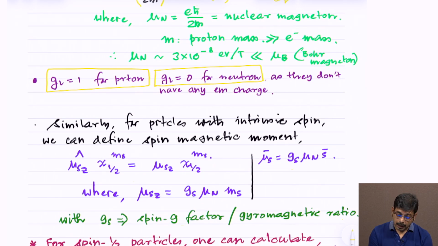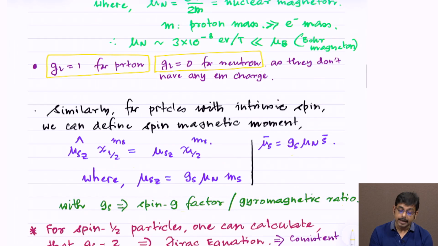Similarly, you can also define the magnetic moment associated with the spin or intrinsic angular momentum.